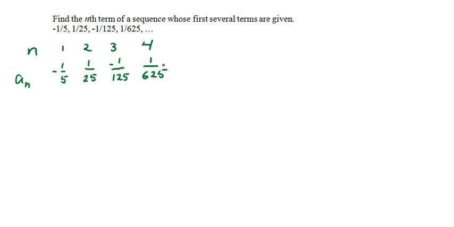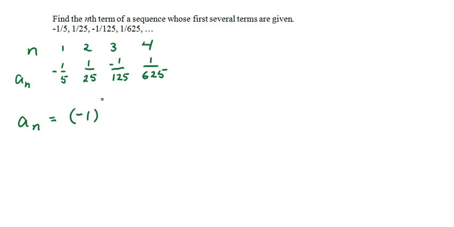We see that we have the sign of the terms alternating, and when the number of the term is odd, the term itself is negative. In order to do that, part of our a sub n will be a power of negative 1.